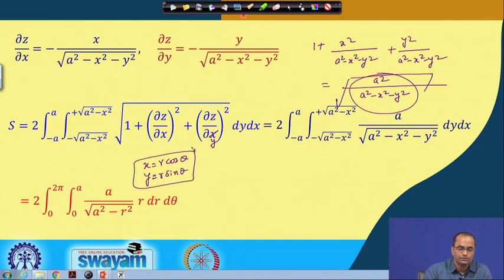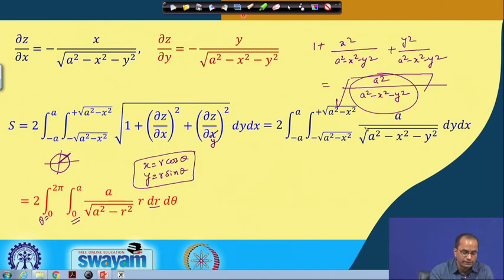So, with this substitution now, we also have to find the limits. In case of the circle it is trivial to get. So, for the theta we have 0 to 2 pi, because this is our circle here. So, the theta moves from 0 to 2 pi, and for the r we will have 0 to a. So, r will move from 0 to the circle, so that means 0 to a.